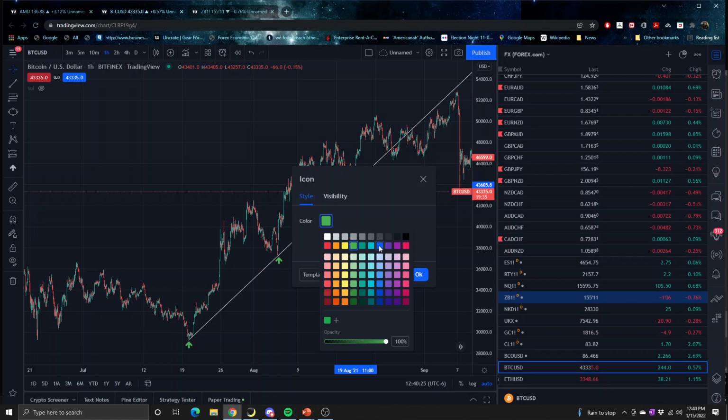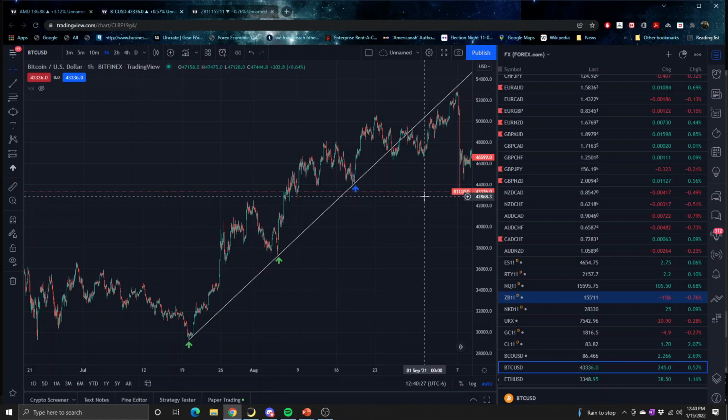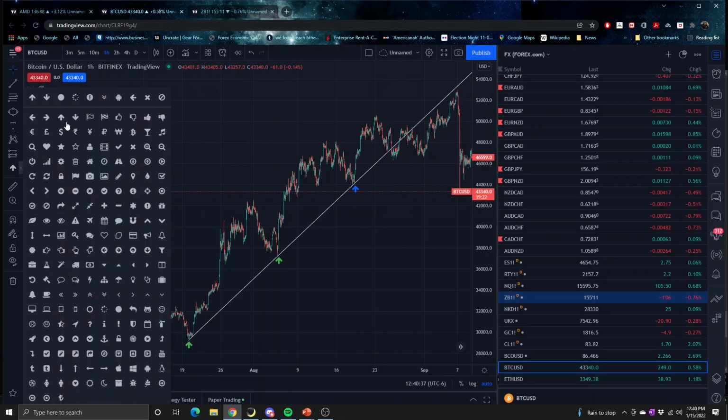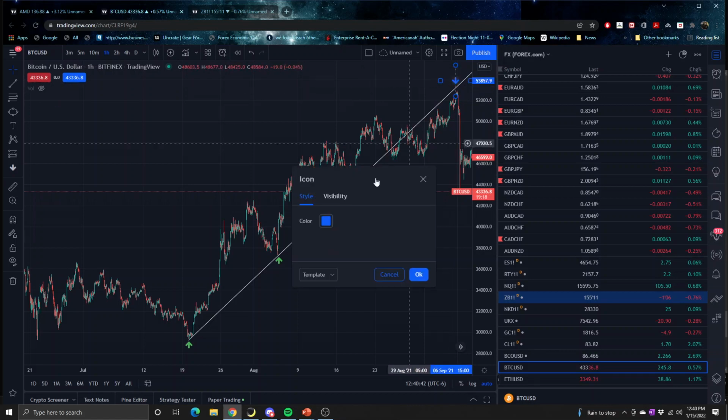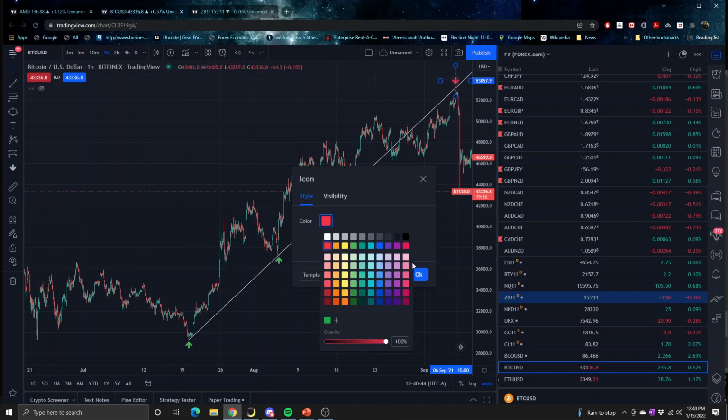But if you were looking for a very simple technique, it doesn't get much better than this. Now, I would like to point out again that once the trend line breaks, it often highlights opportunities to go in the opposite direction.